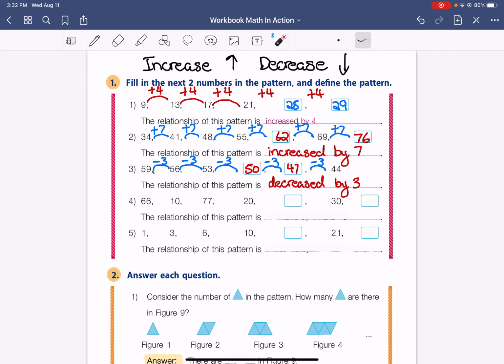Number 4. Let's look at the relationship of this problem. We have 66, 10, 77, 20, blank, 30, blank, right? So, let's take a look. We can see minus 56. 66 to 10 is minus 56. 10 to 77, we plus 67.